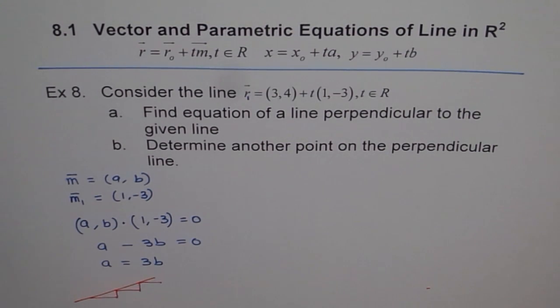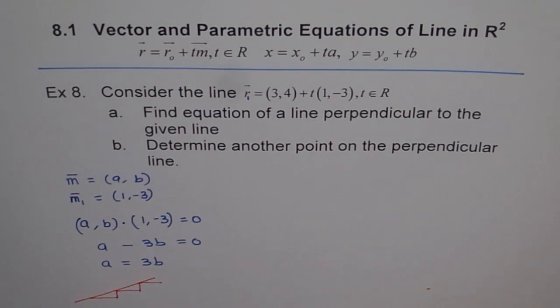And we say, well, if b is 1, then a is 3. You could also assume b to be 2 or even 1/3. If you assume b as 1/3, then a will be 1. So let's assume some value, but all will give us the same direction vector.